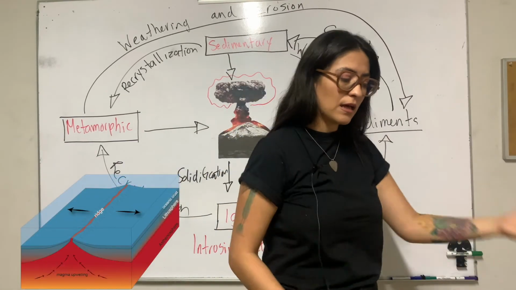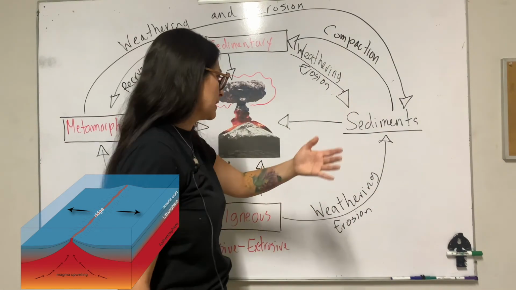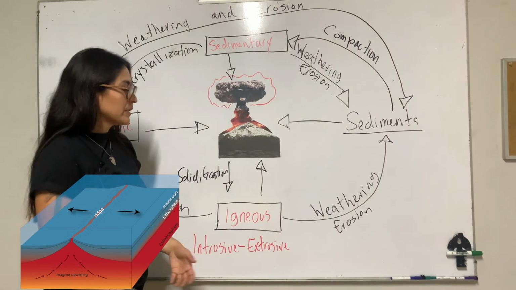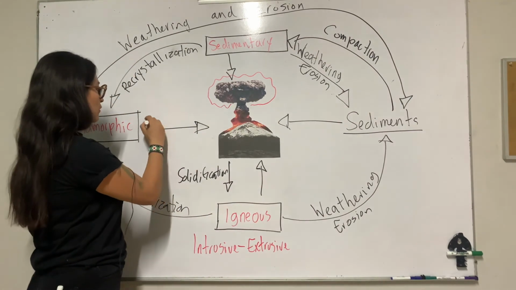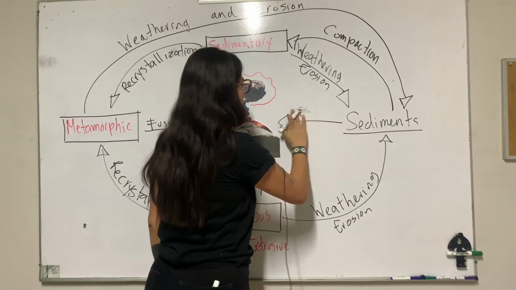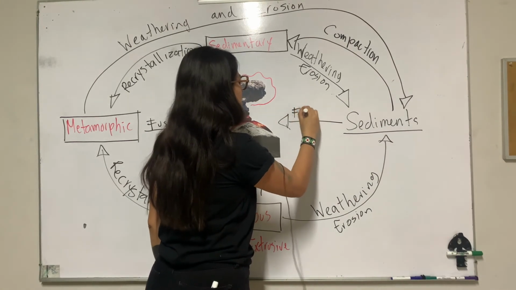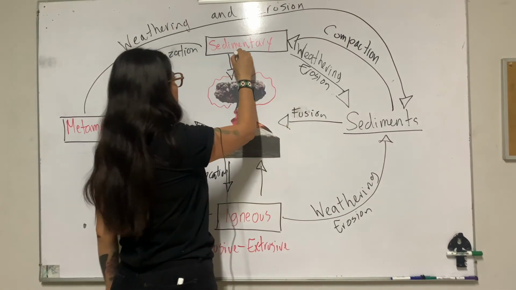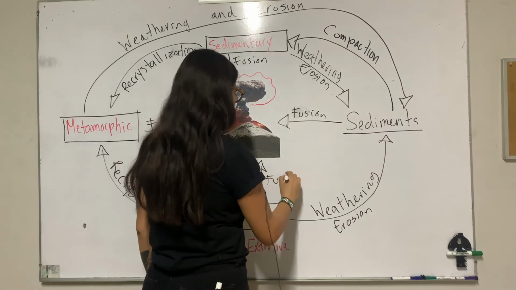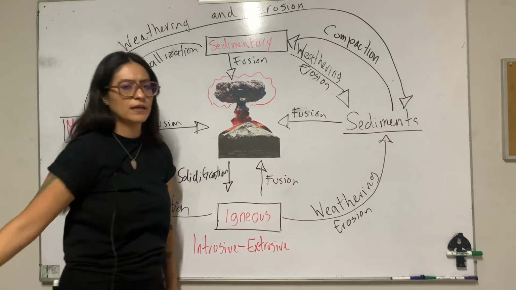It's been building new crust all the time. So we need a new process called fusion, or also called melting, but I'm going to use the same name, fusion. Even sediments can be fused. This process is going to affect everything.